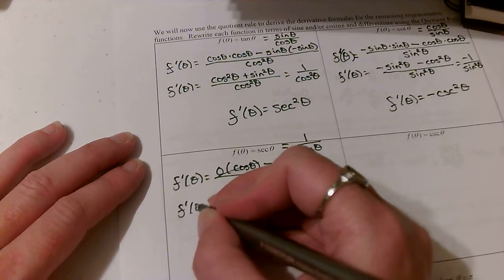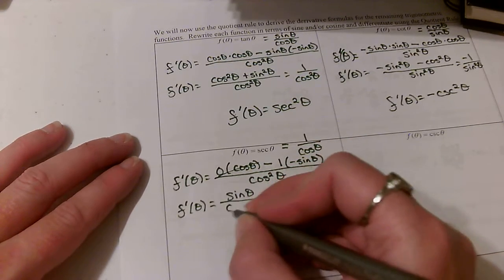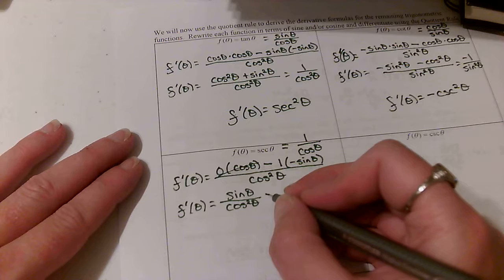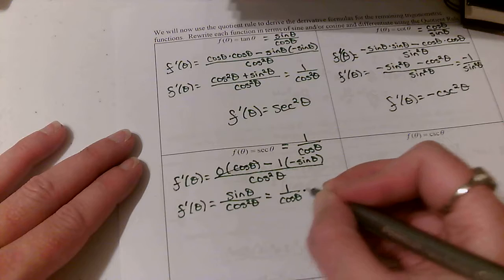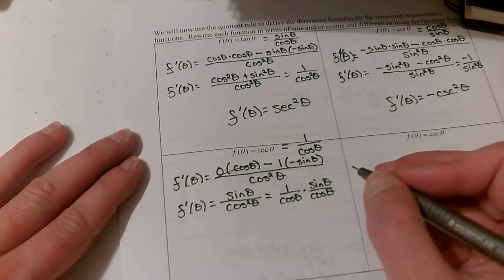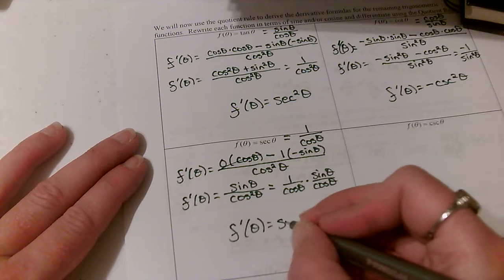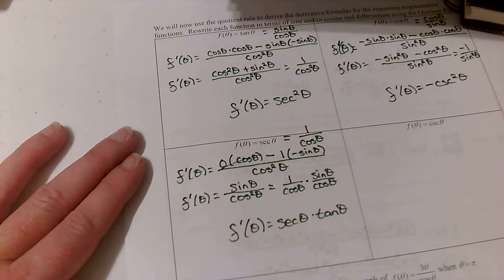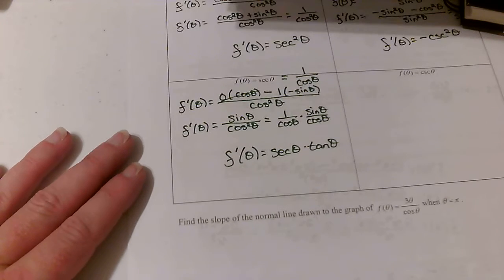So now I've got positive sine theta over cosine squared, which is okay, but couldn't I write that as 1 over cosine times sine over cosine? Yeah. And 1 over cosine is secant, and that's just tangent. And we could do the same thing for cosecant and so forth.